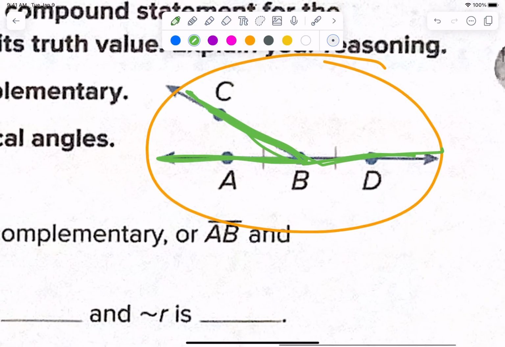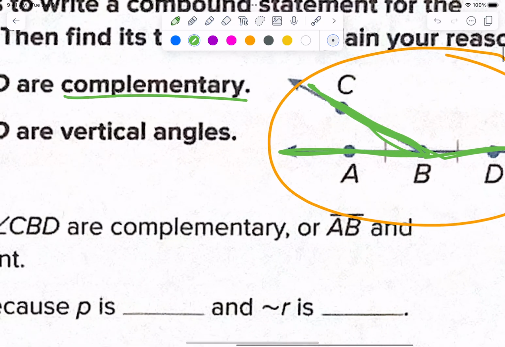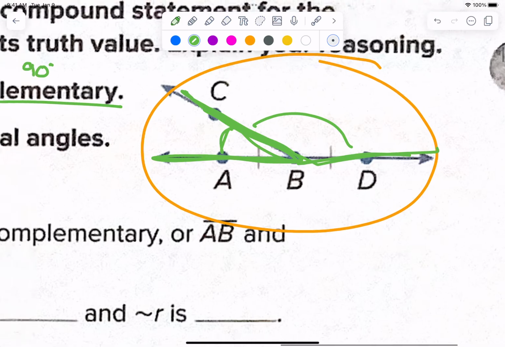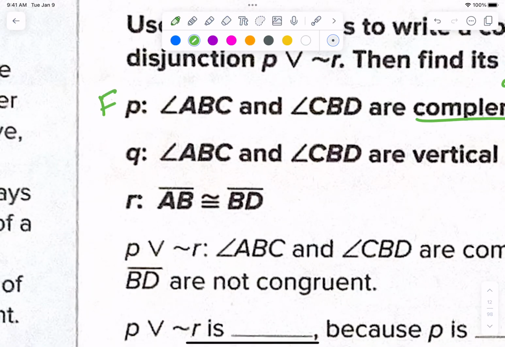What does complementary mean? Add up to be 90. Does this small angle and this big angle add up to be 90? No, so that guy is false. So I'm going to put false next to P.